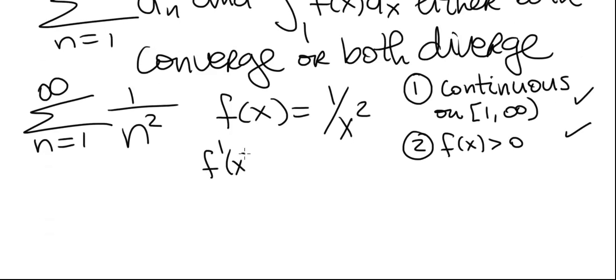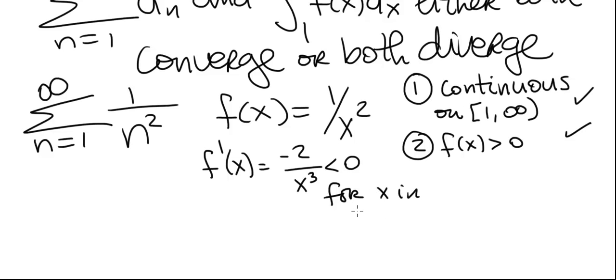The derivative of this function is minus 2 over x cubed. It is less than 0 for x in the interval 1 to infinity, so the function is clearly decreasing. Or we can just look at the function and say the bigger the value of x that we put in, the smaller the value of 1 over x squared is going to be. So the function is decreasing.